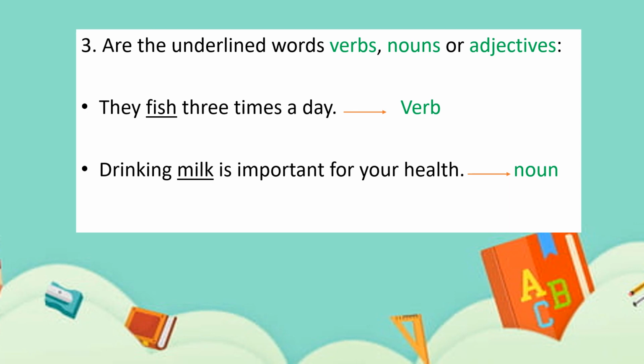The word which is underlined here is fish. So, since it's preceded by a subject, you will immediately know that it's a verb, because the noun or the adjective cannot be preceded by a pronoun or a noun which is considered as a subject.